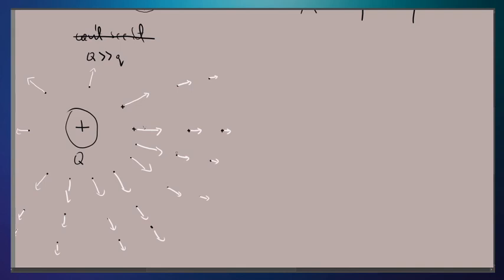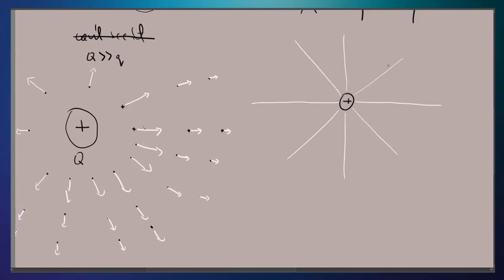So anyways, what I have now is I can redraw this, and let's say I take a positive charge here. Then instead of drawing a million little arrows, I can just draw a line in this direction, and a line in this direction, and here, and here, and here.